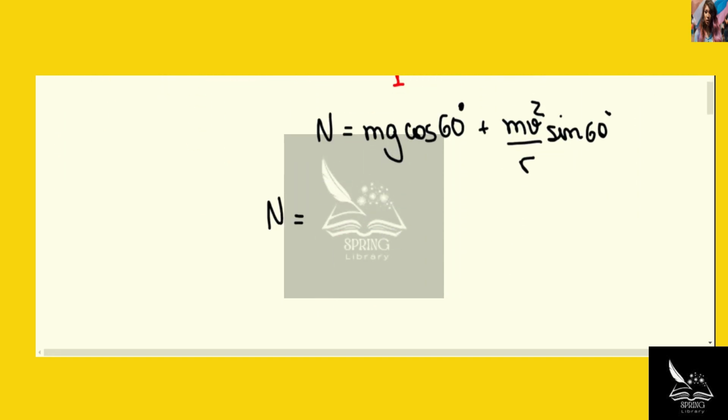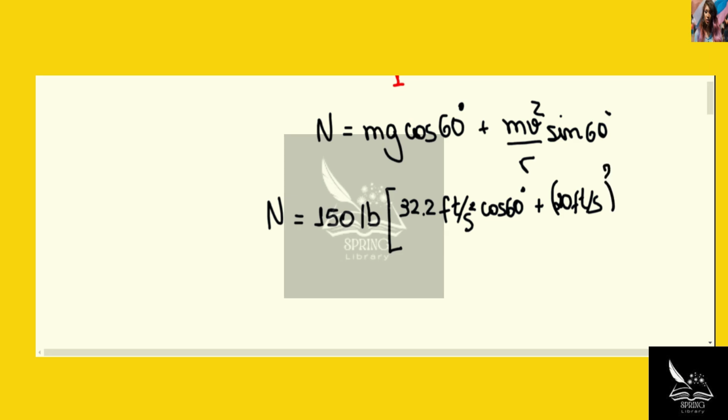So n is equal to the mass, that is 150 pounds, times g, that's 32.2 feet per second squared, times cosine of 60, plus v squared, so that's 20 feet per second squared divided by r, which is 8 feet, times the sine of 60.